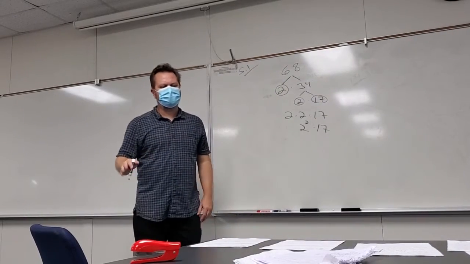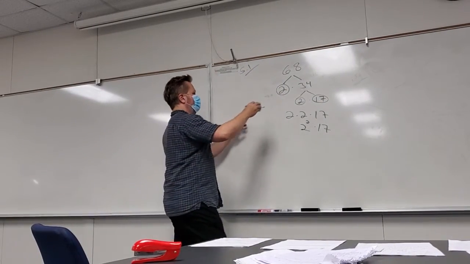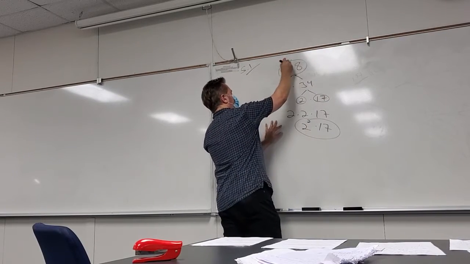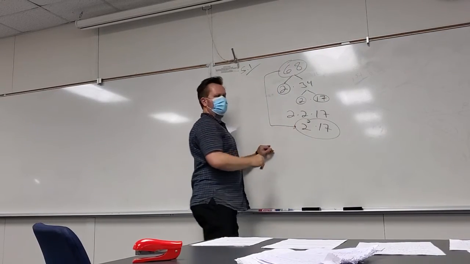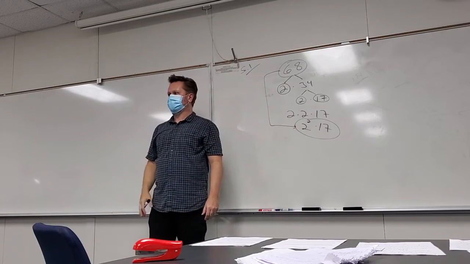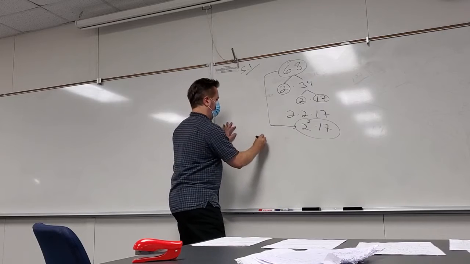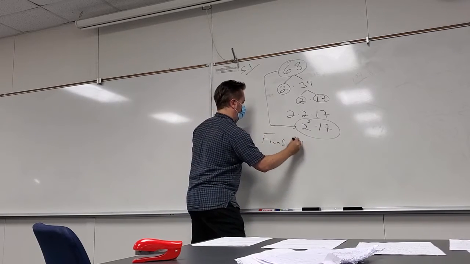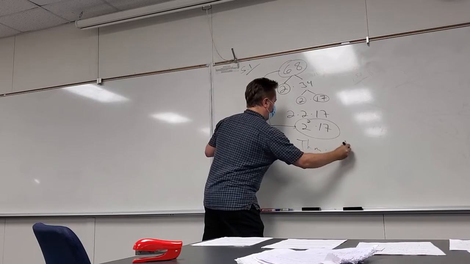So here's something kind of new, I think. First off, the fact that there's only one way for each number to be broken down is called the fundamental theorem of arithmetic.